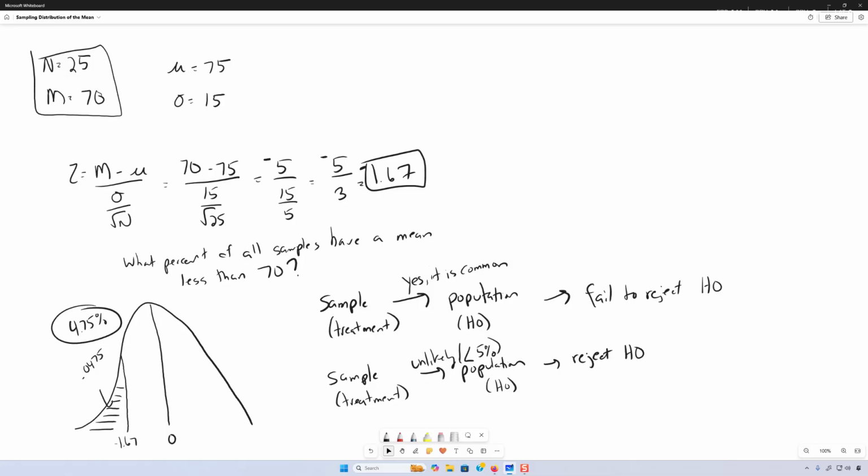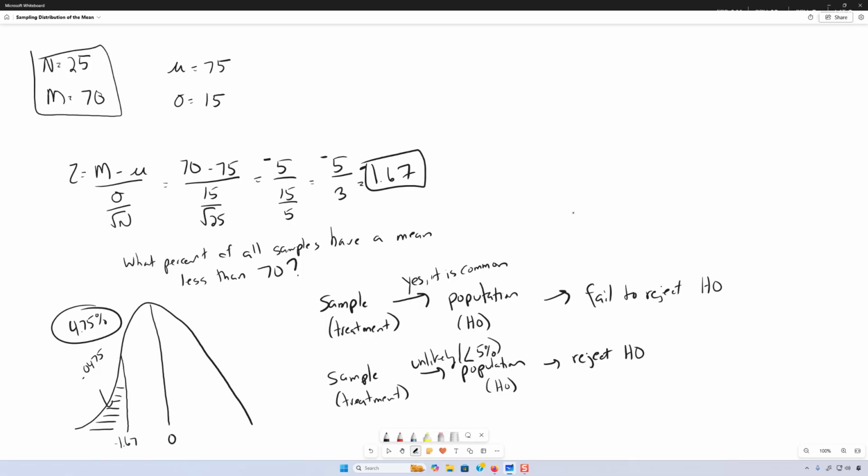What would we expect if there was no difference with the intervention? Is it likely to come from that population where the treatment doesn't work? If it's common, fail to reject the null. If it's uncommon, reject the null. And that's the basis of all hypothesis testing with samples, which is pretty much everything.